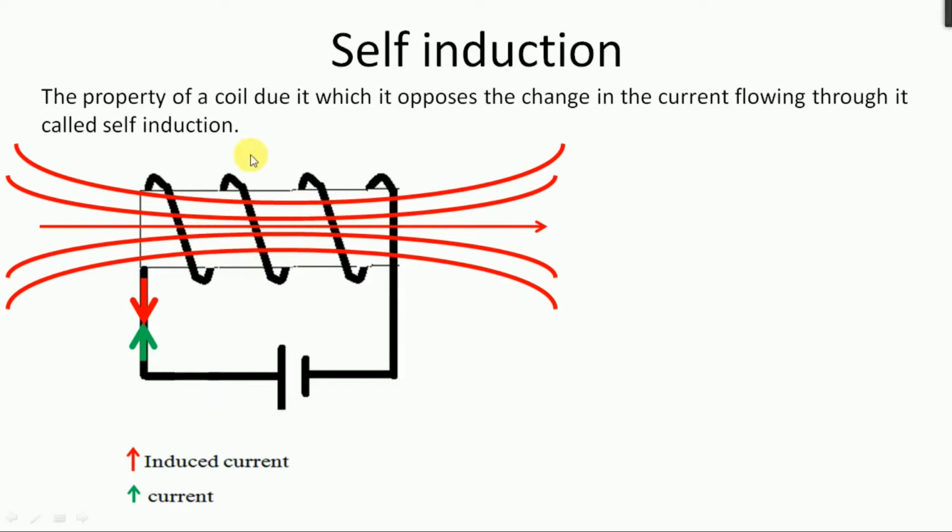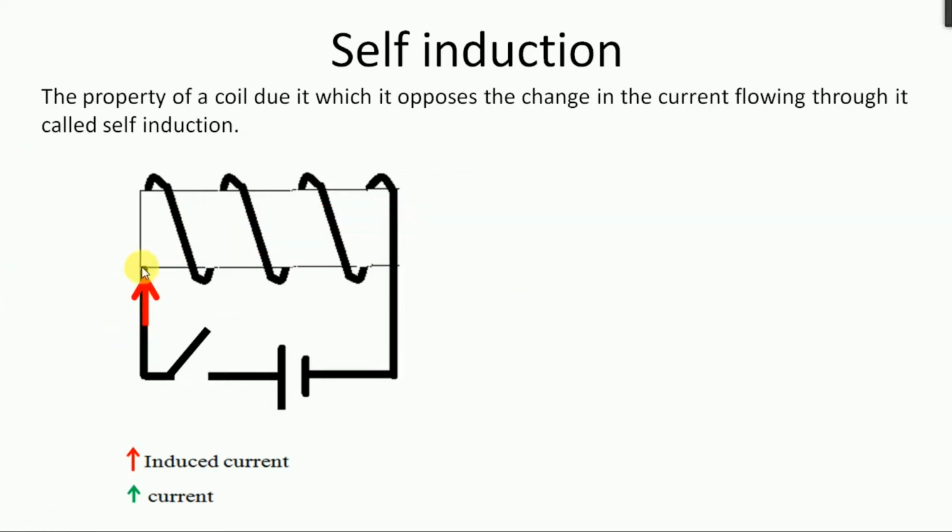That time also there will be induced EMF, and as the current through the circuit decreases, the induced current will flow in the direction of the actual current. You can see when I switch off, induced current flows in the same direction as the current. This property, due to which the coil opposes the change in current flowing through it, is called self-induction.